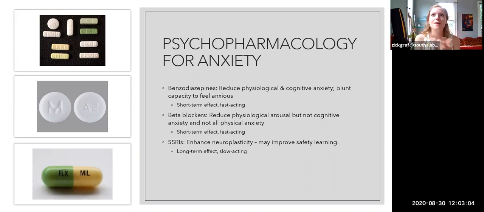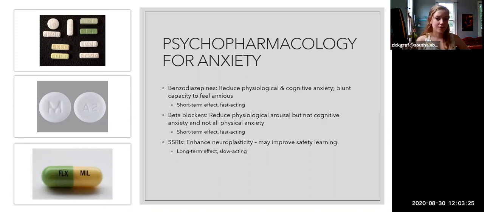And they also don't have the effect of alcohol and benzodiazepines of making you less good at fine motor skills. So someone who's like a professional violinist or a professional athlete wouldn't want to take Xanax before performing, because even though it might make them feel less anxious, it would also negatively impact their performance. So someone like that might take beta blockers instead.